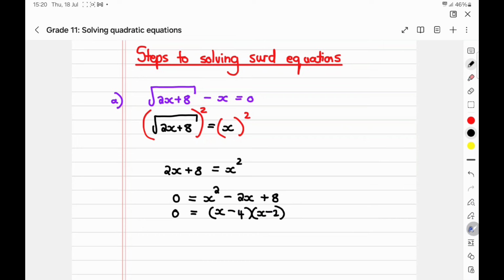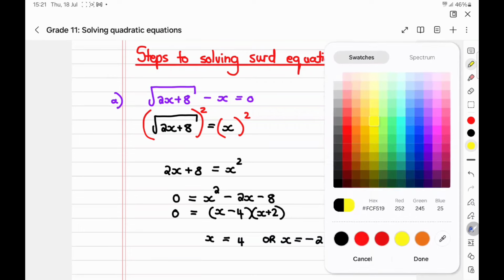And how about a 4 times 2? Minus 4. No, that doesn't work. Let's quickly have a look. I've gone too fast, hey? Okay, it's minus 8. So the signs are different. It's a minus and a plus, and 4 times 2. So x is either 4 or x is -2.